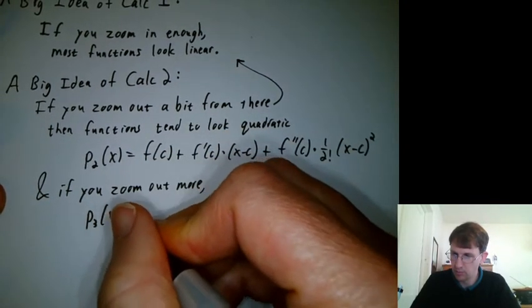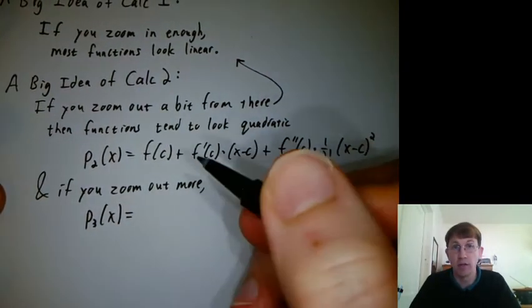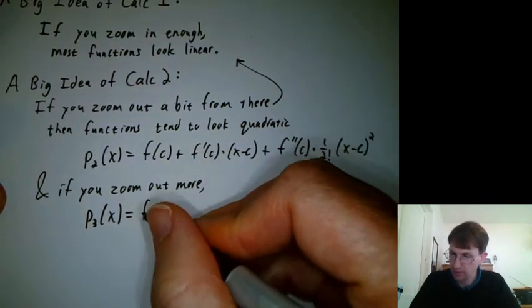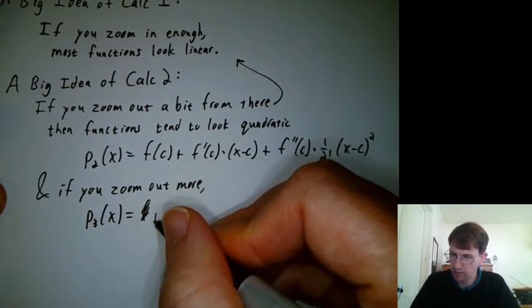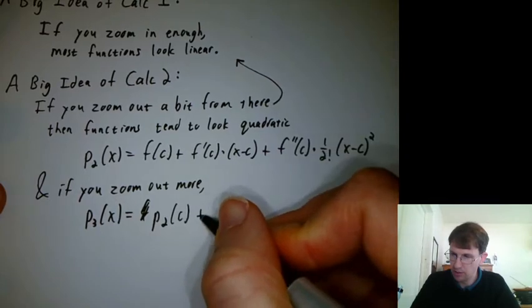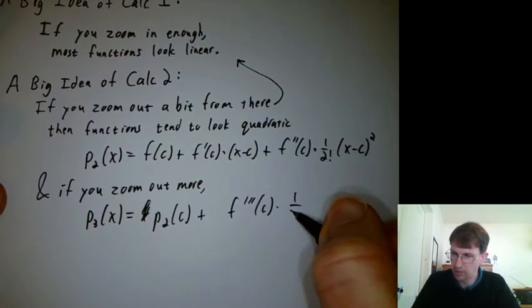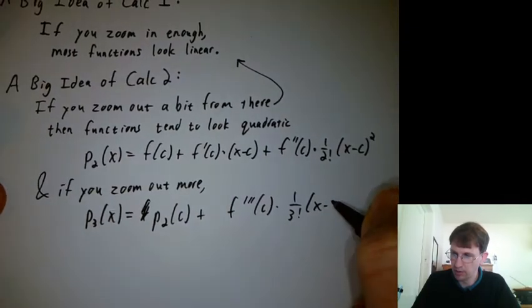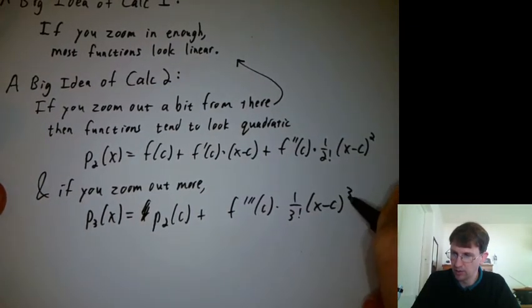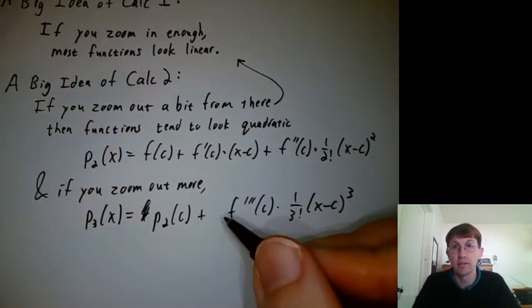Then P3 is an even better approximation. So it's, let's just say it's P2 plus f triple prime at c times 1 over 3 factorial x minus c cubed. So things tend to look cubic then.